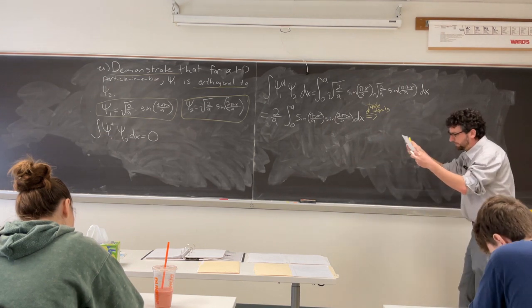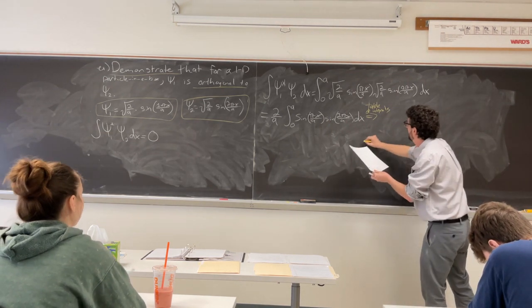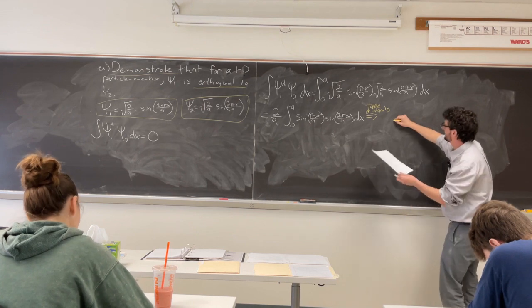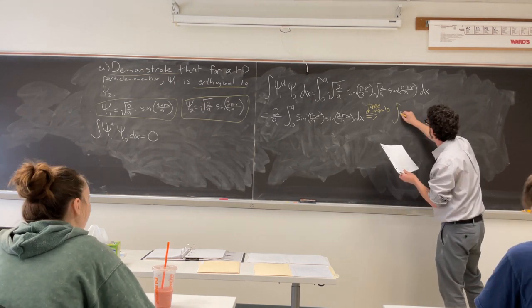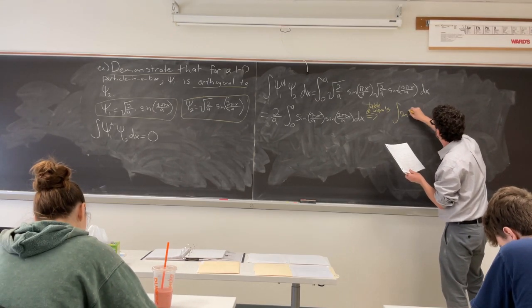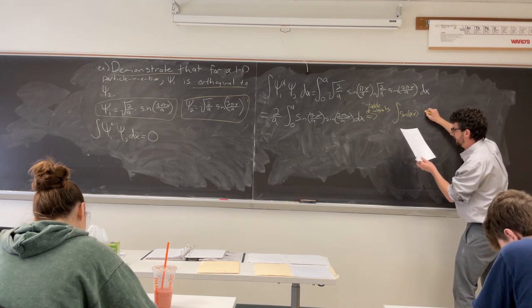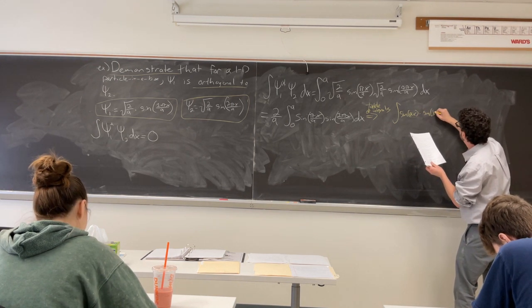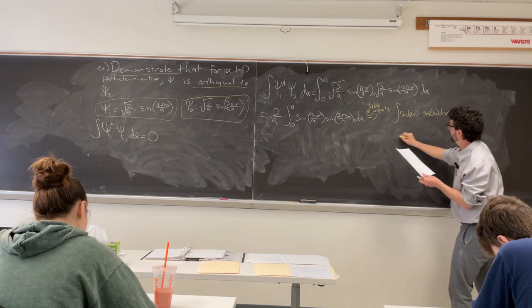Okay, if you look up the table of integrals, I'm going to write it down. Actually, I could probably fit it over here. We have sine of ax times sine of bx dx.